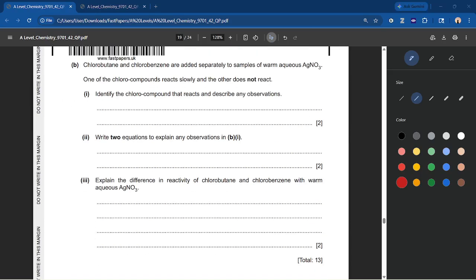Identify the chloro compound that reacts. So this will be chlorobutane plus white precipitate.